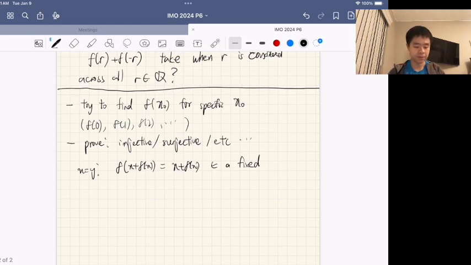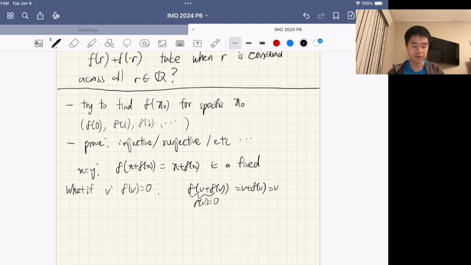Now what if v is such that f(v) = 0? We do not know whether this v exists, which means that we do not know whether 0 is a value of f. But if v satisfies this condition, then we have f(v + f(v)) = v + f(v), and this is just v, so this is just f(v) = 0.